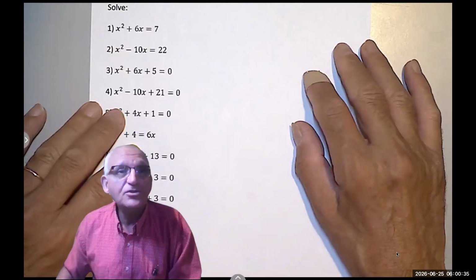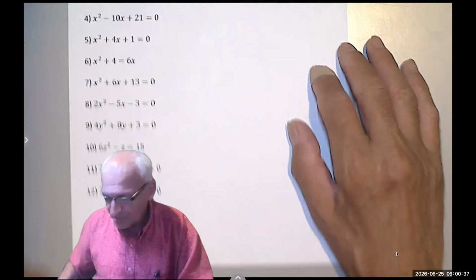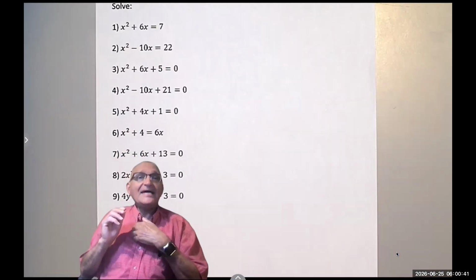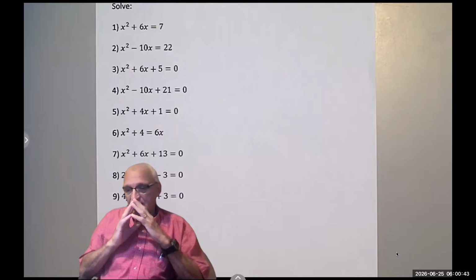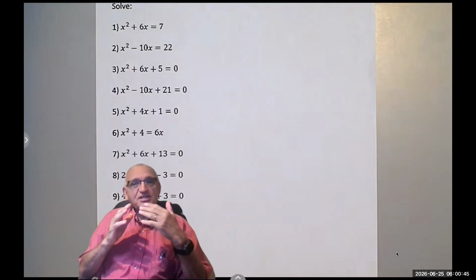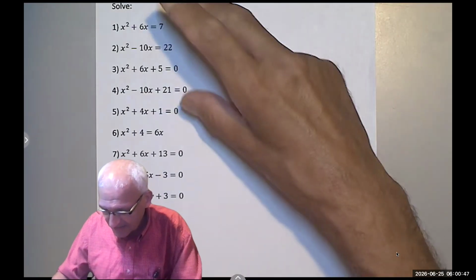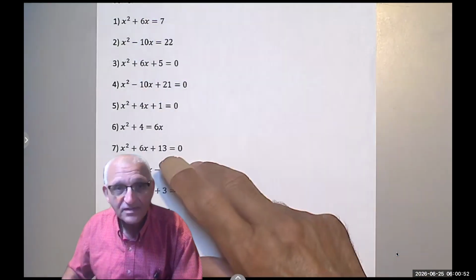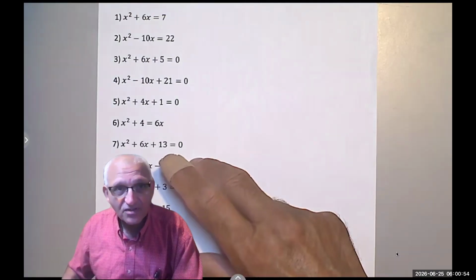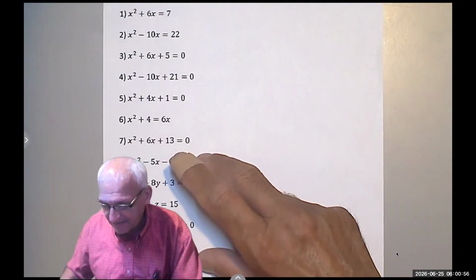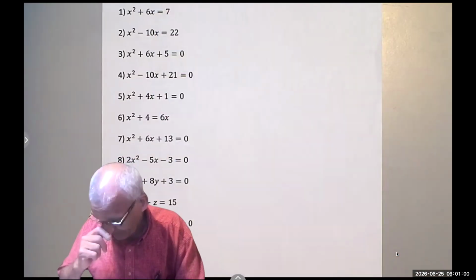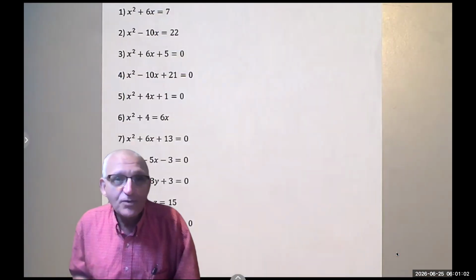Okay, so that's a worksheet that has 12 problems, so probably I'll do the even ones. And I will differentiate between the first seven problems and the last five. If you concentrate on those, you will see that in the first seven problems, and we are going to do three of them, the coefficient of x squared is 1.